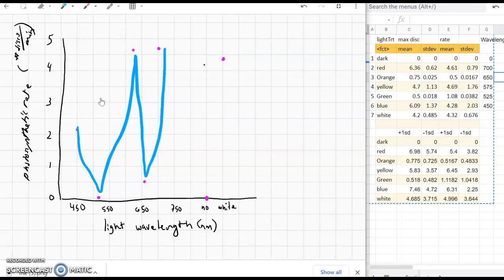The best fit line, if you drew your line through all of those dots, I might do something like this, but it's not a really clear kind of pattern this time.